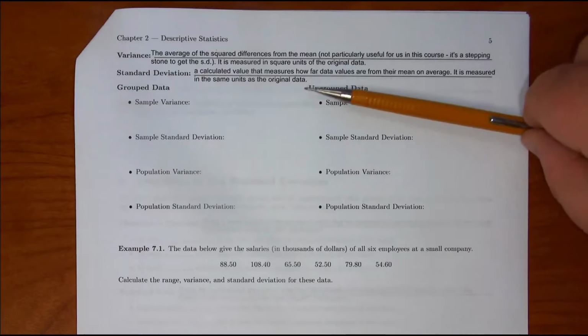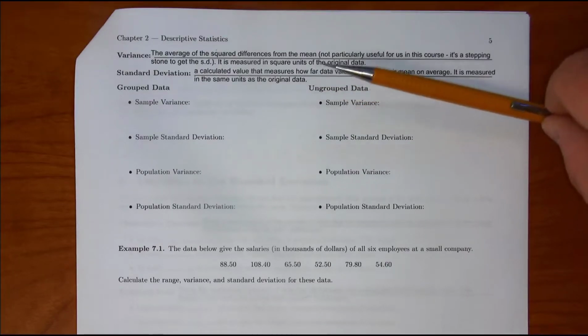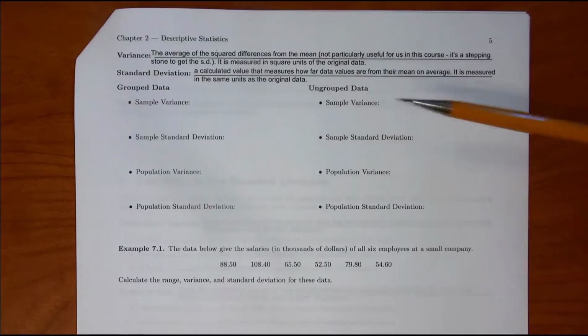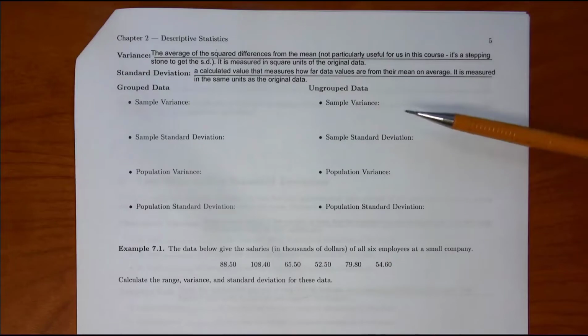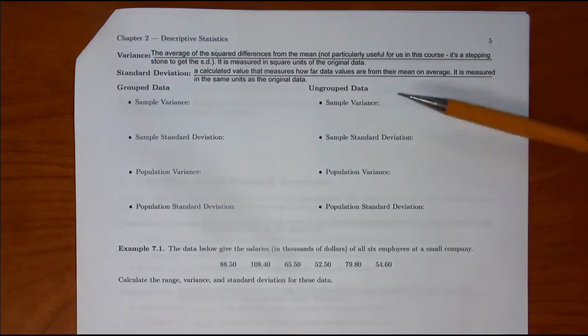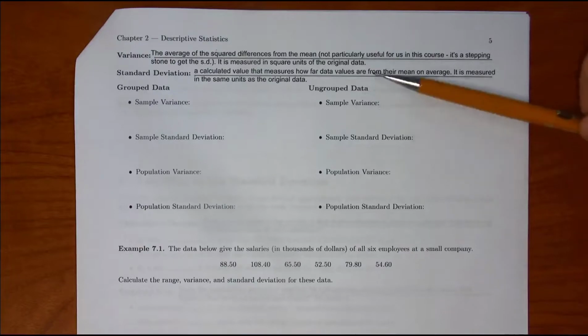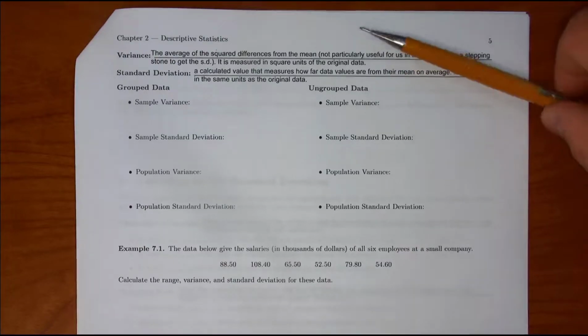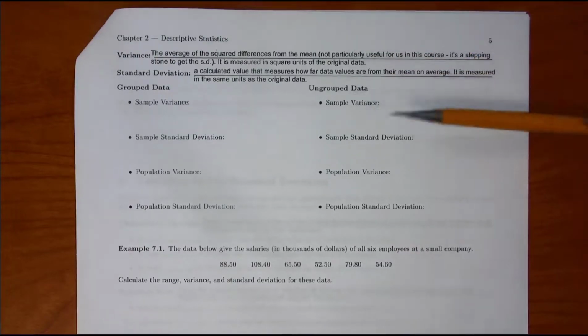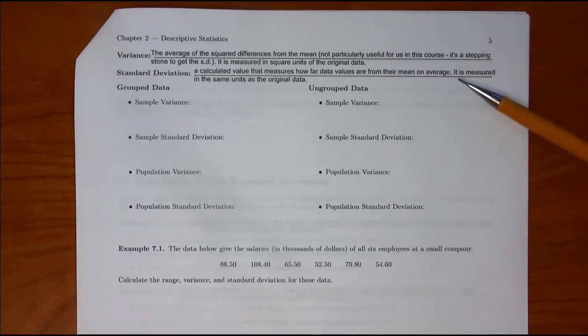If your original data are in pounds, the standard deviation will be in pounds also. This is why we prefer standard deviation as our gold standard measure of variation. It tells you how far away from the mean on average all of your observations are.